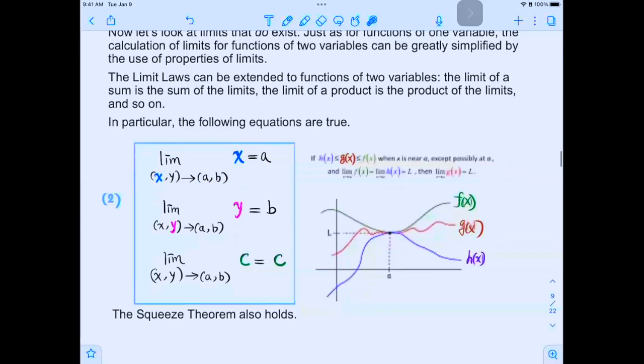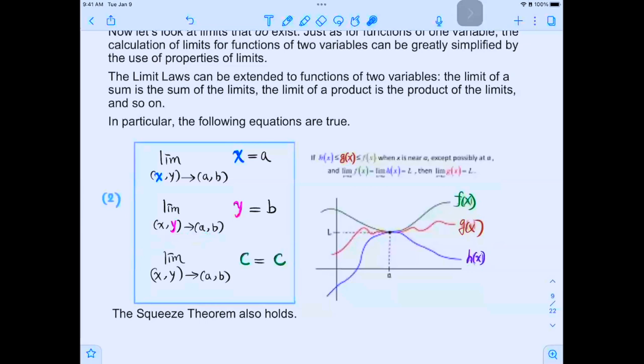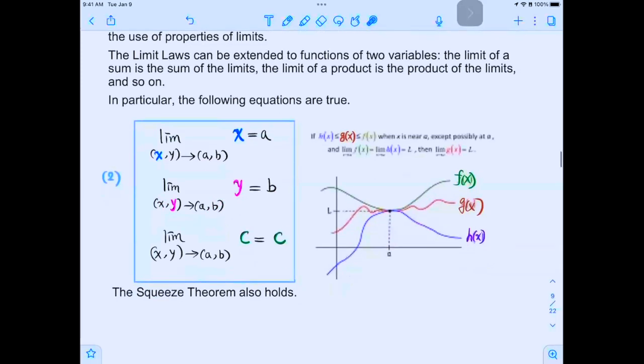What about this? y approaching a, b, then y has to approach what? b. So the limit of y is equal to b. And the limit of a constant, where c stands for constant, stays the constant. So these are the three limits, which makes sense.